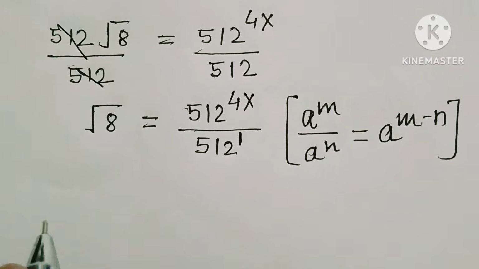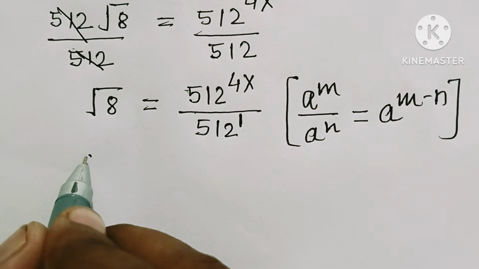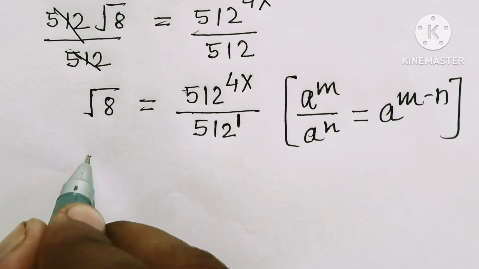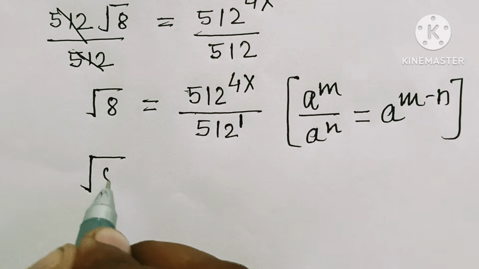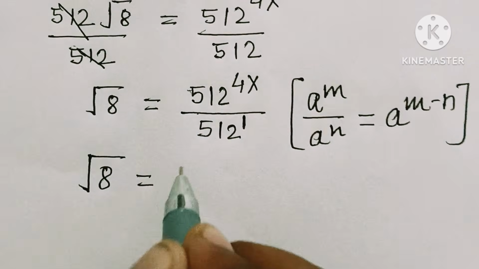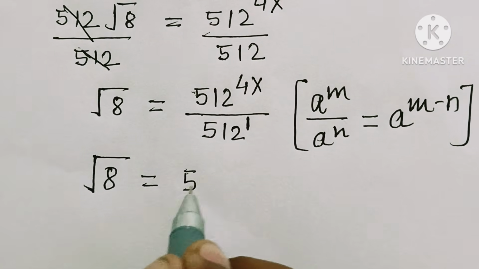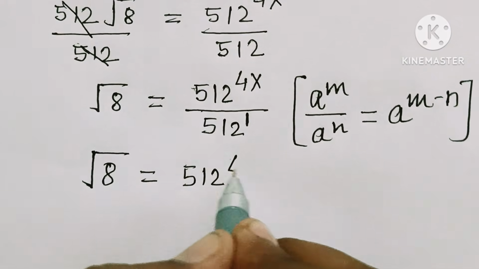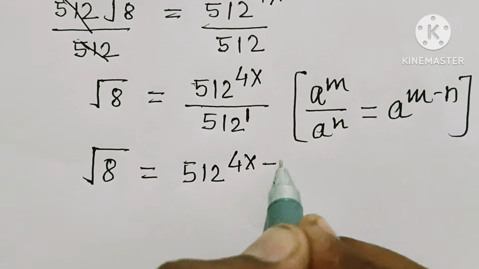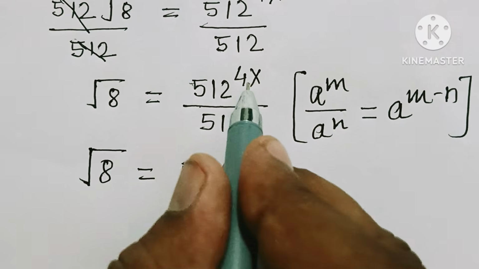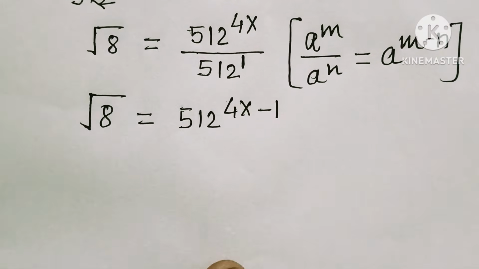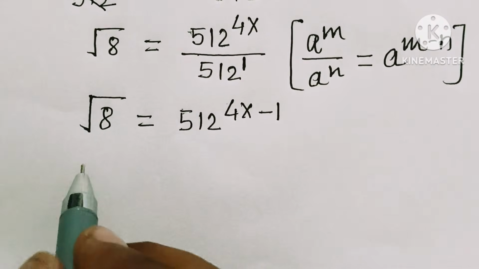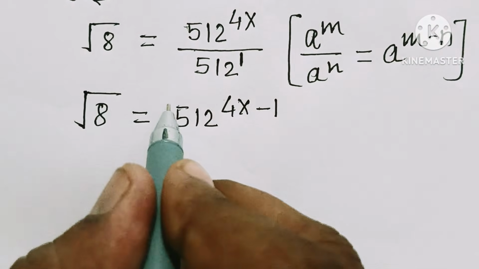Now under root 8 equal to 512 raised to power 4x minus 1. Now squaring on both sides.